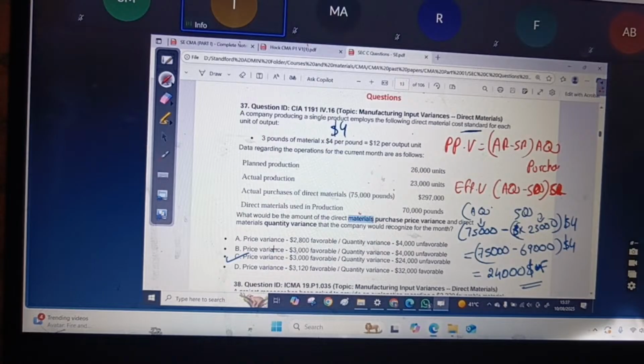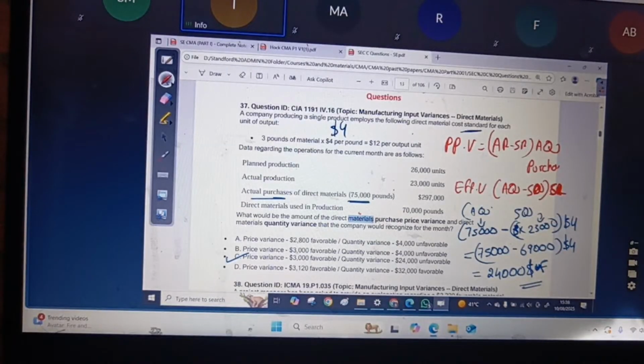Once you understand the formula, what are they asking? They are asking for actual rate. They are asking for standard rate. It's already given in the formula that actual quantity purchased is to be used. The actual purchase is already given. Actual quantity and standard quantity, you might have a confusion here.